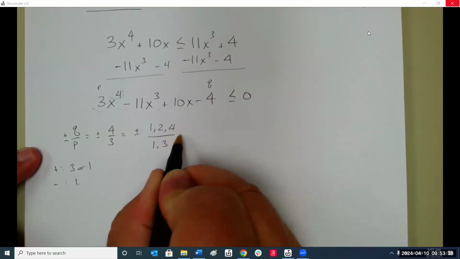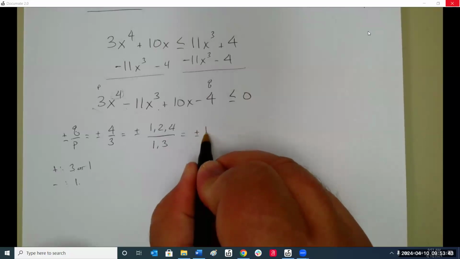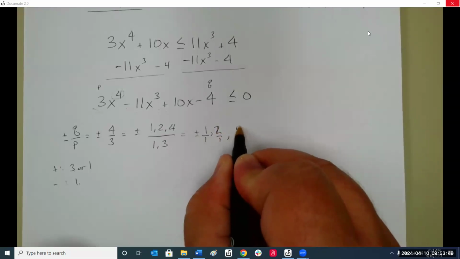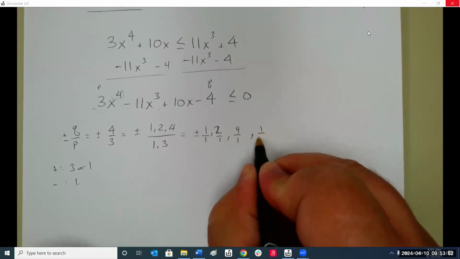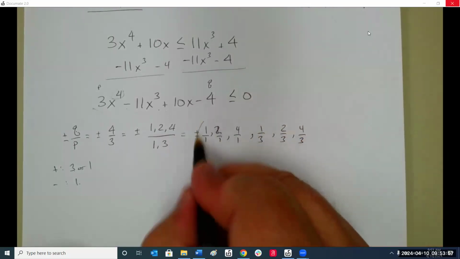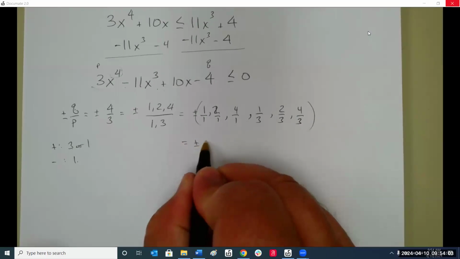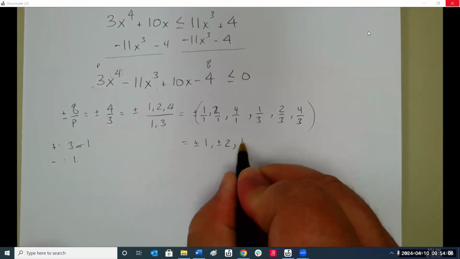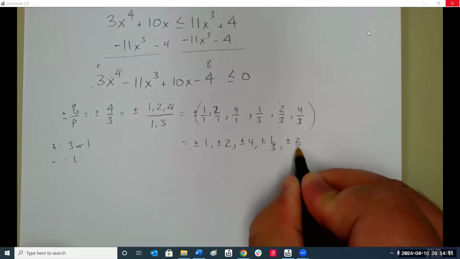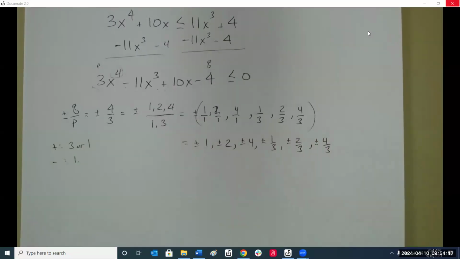The bottom is 1 or 3. 1 over 1, 2 over 1, 4 over 1, 1 over 3, 2 over 3, 4 over 3. These could all be positive and negative. So my possible solutions are 1, 2, 4, 1/3, 2/3, 4/3. These are the ones I have to try.